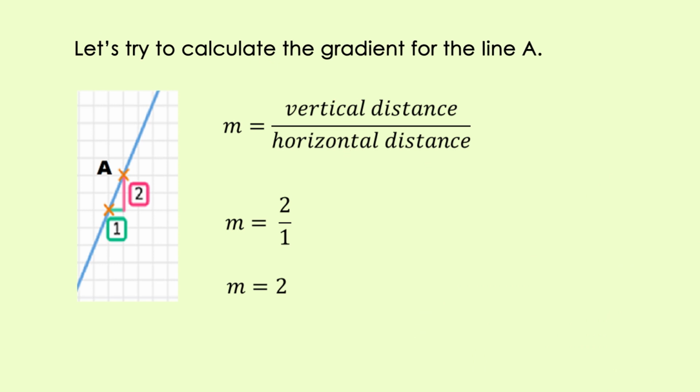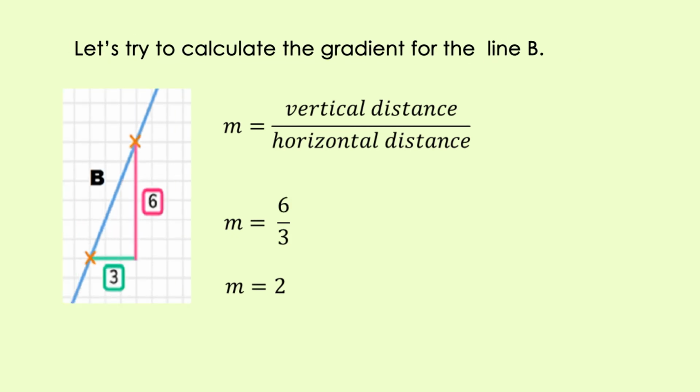For line A, by using the formula of ratio, m equals 2 over 1 equals 2.